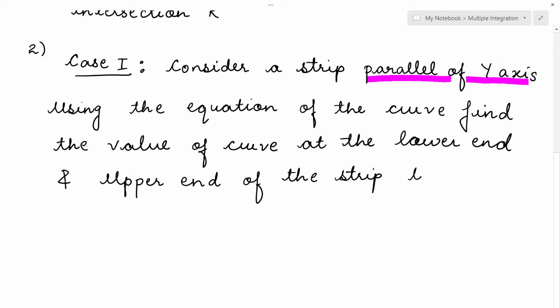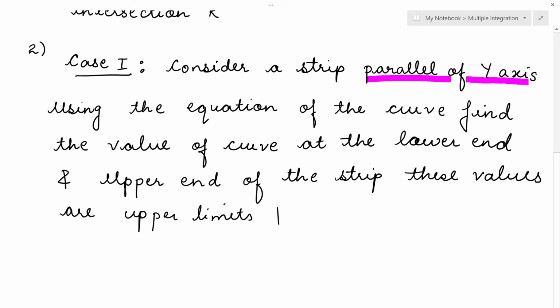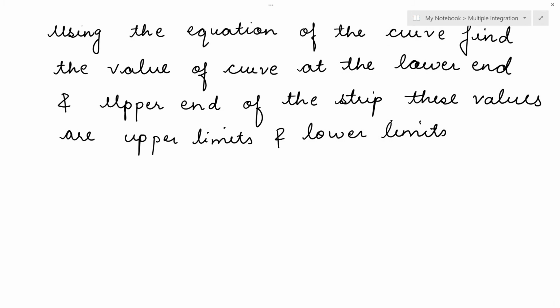So these values are the upper limits and lower limits. I'll give you an example of what I want to say.